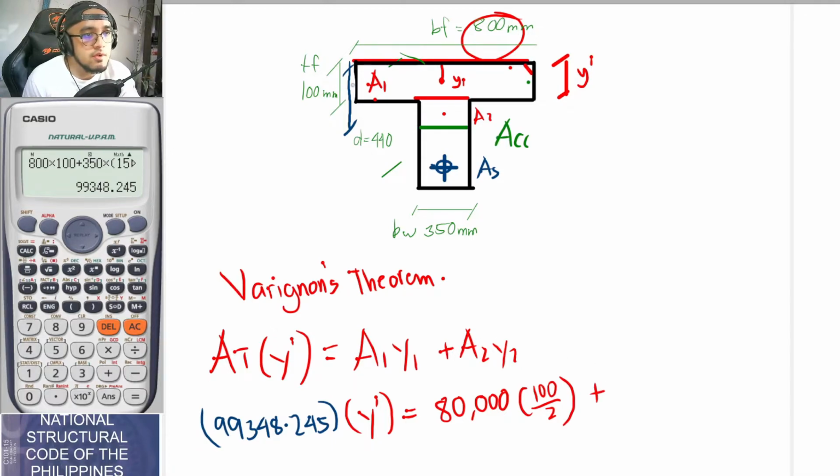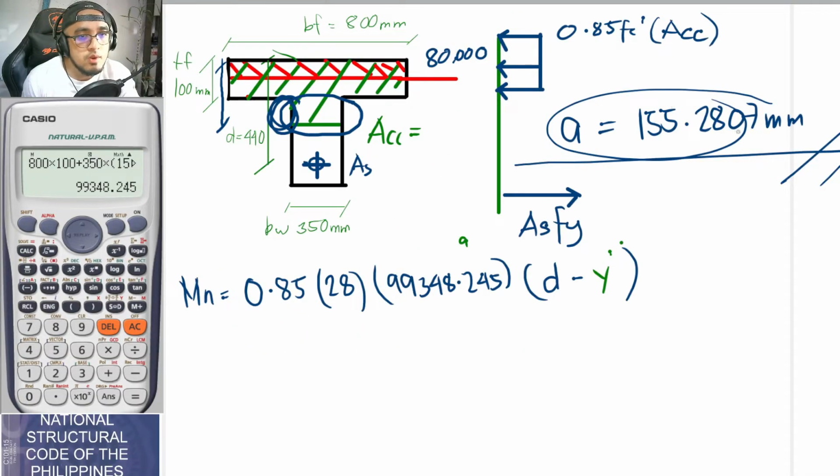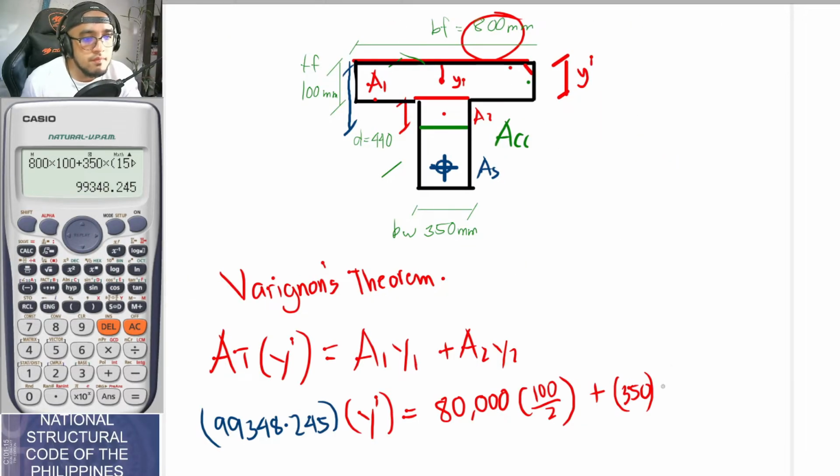Plus A2 Y2. So for our A2, that is 350 times, what is this value? Once again, that is A minus 100. And our A, 155.2807 minus 100, that is 55.2807. Times what is the lever arm? What is this dimension?